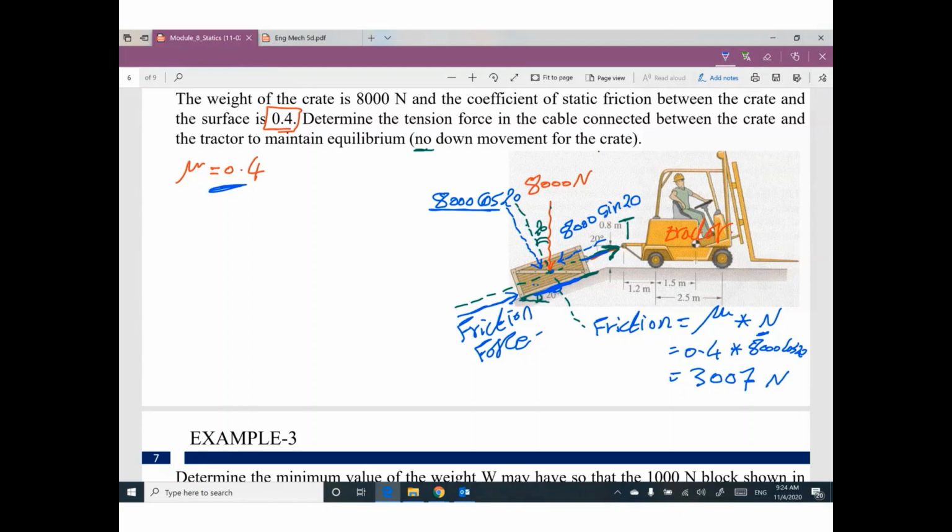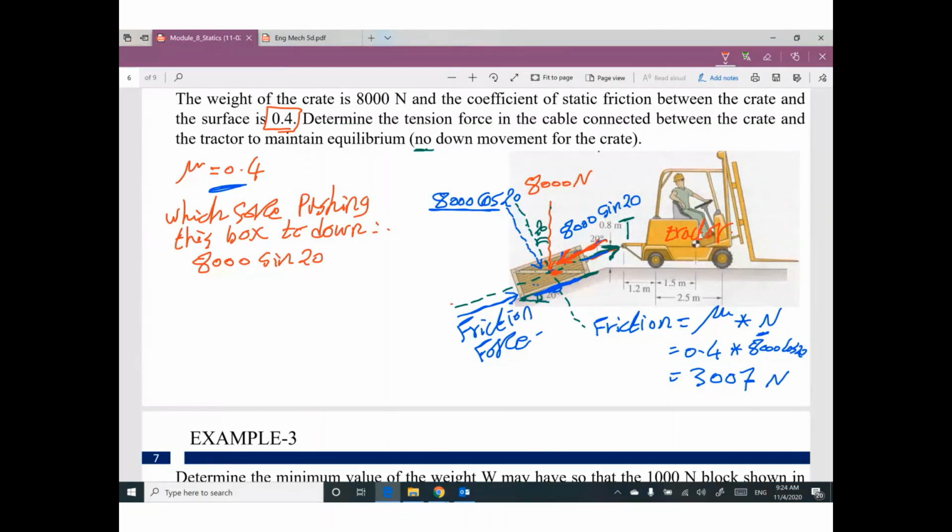So guys, which force is pushing this box down? Can you look at these forces and tell me which force is trying to push this box down? 8,000 sine 20. This component is trying to push this box down.